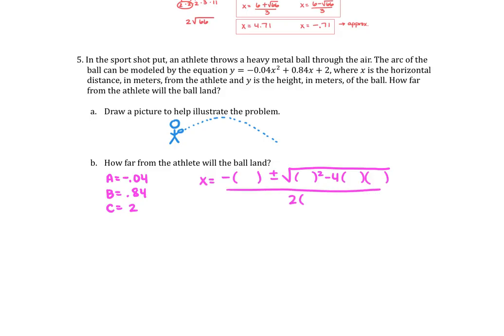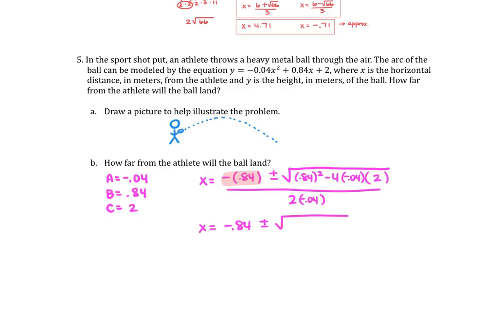All right, so my b value is 0.84. That's the first 2 parentheses. My a value is negative 0.04. That goes the next parentheses and the denominator. And c is 2. Again, we're going to just break it into my 3 chunks. This would be negative 0.84, nothing I can do there.